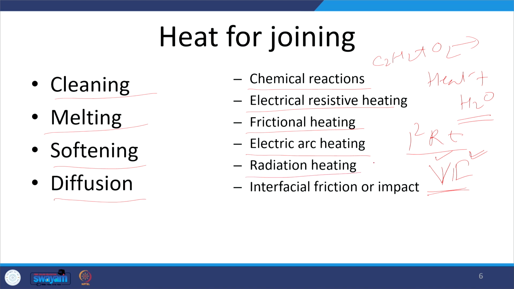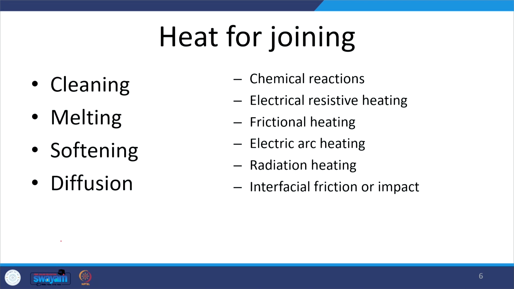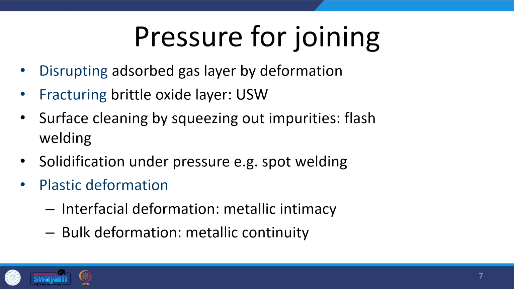Then radiation using laser or electron beam heat is generated, and then interfacial friction or the impact, like in ultrasonic welding, or the impact like in explosive welding. The amount of heat generated is very little under these conditions, but still there will be some heat generation, and that will facilitate the development of the joint.